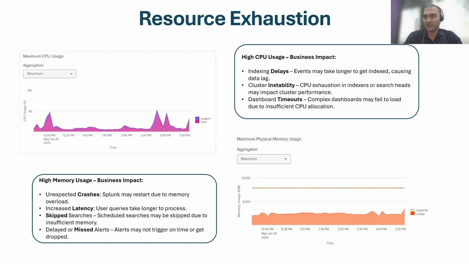If you have inefficient configurations for line breaking and timestamp extraction, you're going to see significant CPU utilization while indexing. And the disk is also very, very important. If the disk is not capable of writing at the speed at which the data is coming in, you will see a lot of IO wait, and that will translate into CPU utilization.